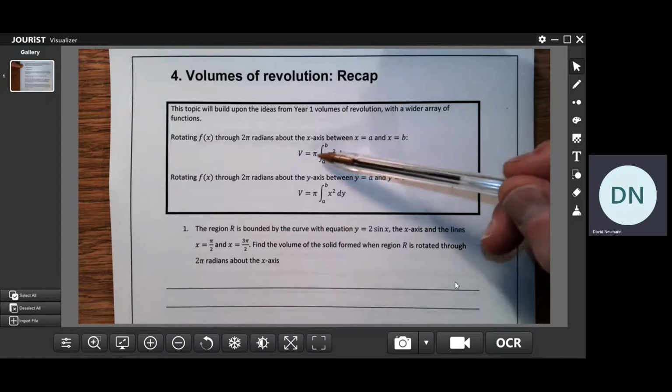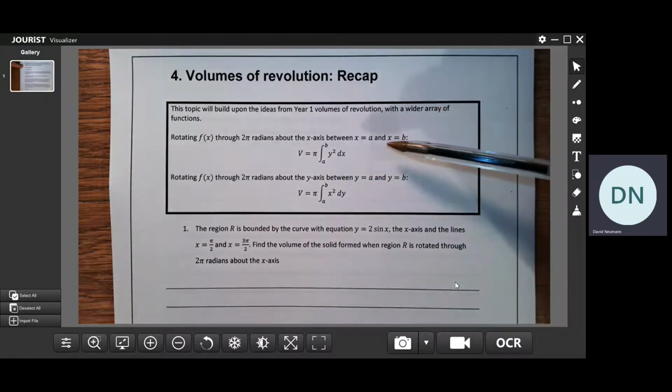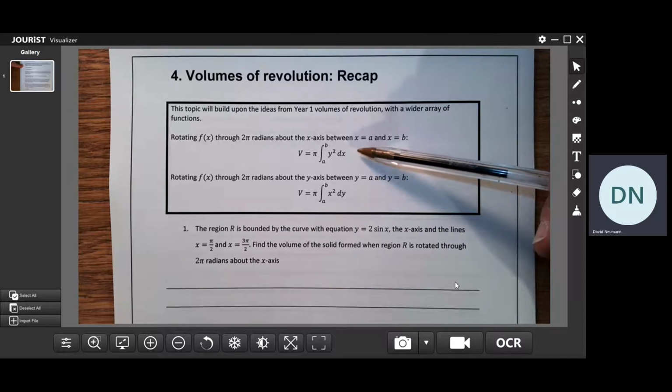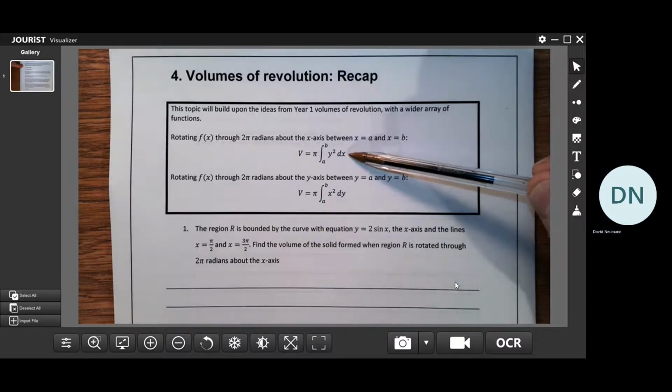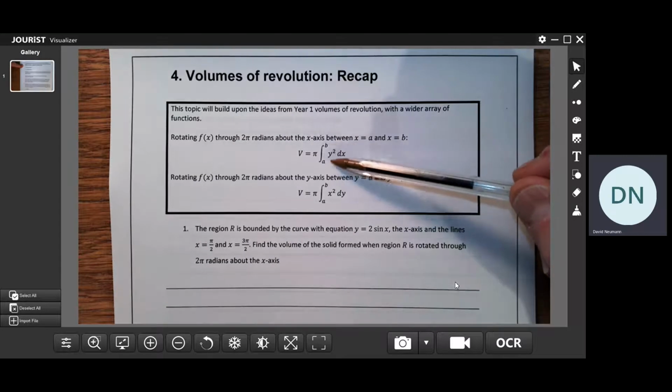So we often take the pi outside the integral, so we get the formula pi times the integral of y squared dx from a to b, where a and b are values of x.